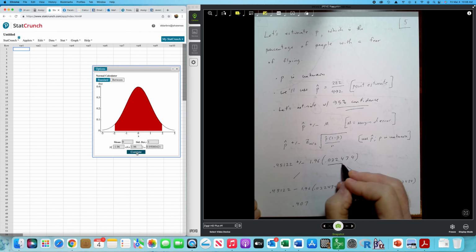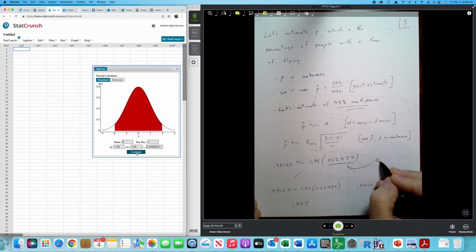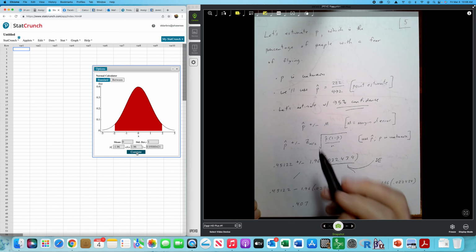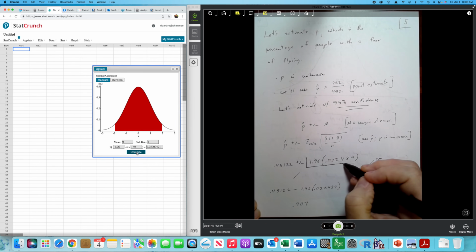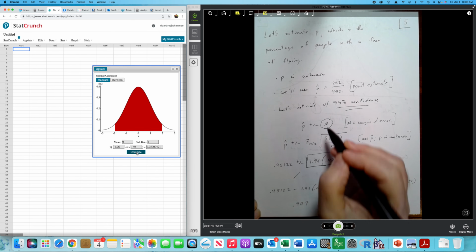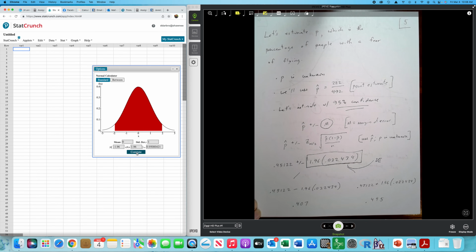Again, this part right here is the standard error. So each of these components is what? This is our P hat, our point estimate. This is our Z critical for the 95% confidence interval, and this is the standard error. If I multiply this times this, that is M, which is the margin of error.